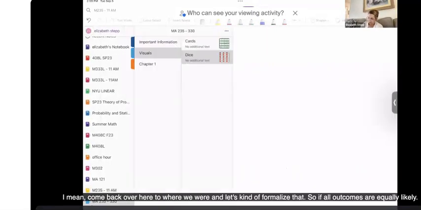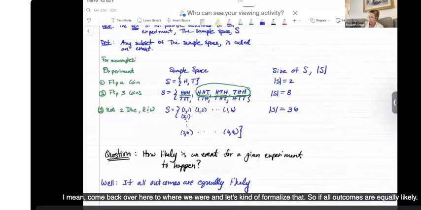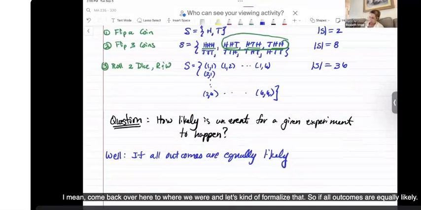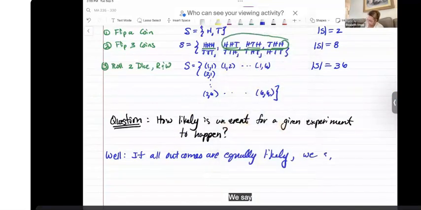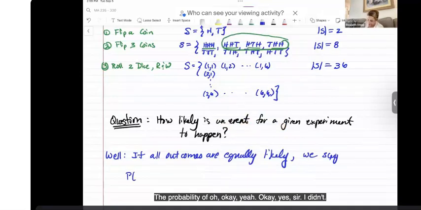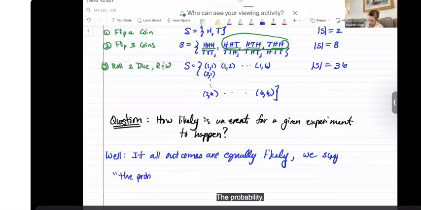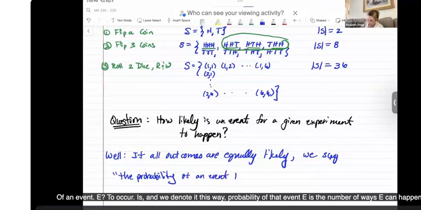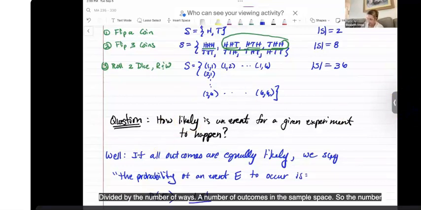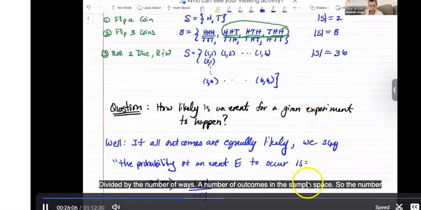I'm going to come back over here to where we were, and then let's kind of formalize that. So if all outcomes are equally likely, we say the probability of an event E to occur is, and we denote it this way, the probability of that event E is the number of ways E can happen divided by the number of outcomes in the sample space.